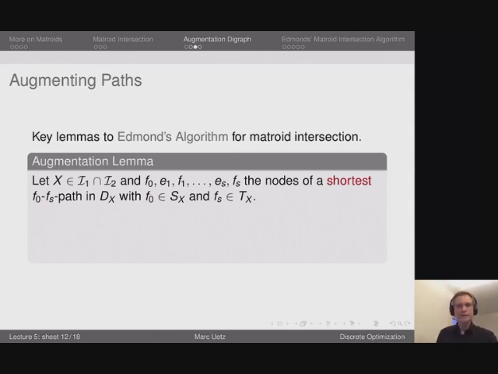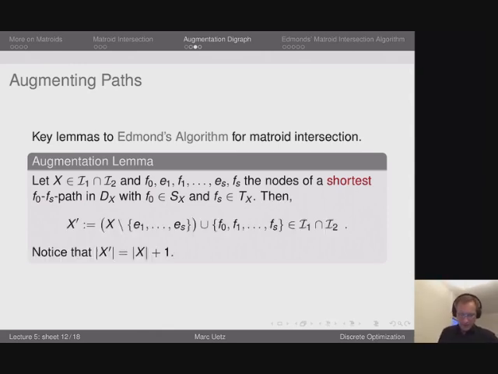So if I do that, then the lemma says the following. If I have that, and if this is indeed the shortest path from the set Sx to the set Tx, then I can do the exchange. I can kick out the elements E1 up to Es, and I can therefore include the new elements F1 up to Fs and also the starting element F0.